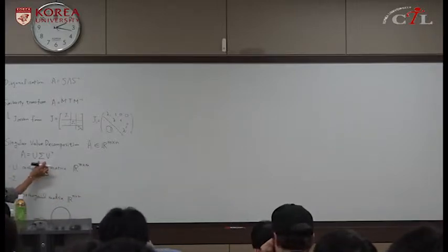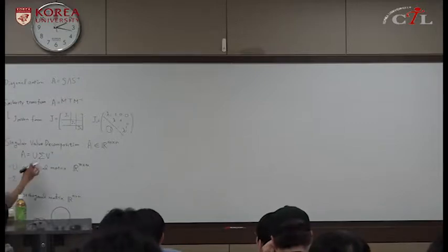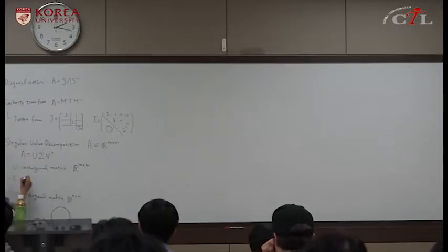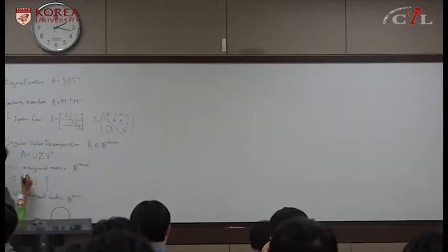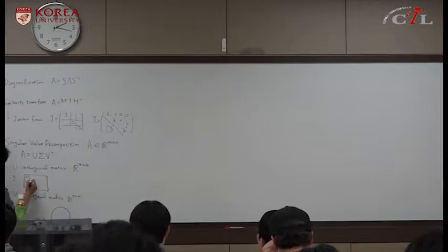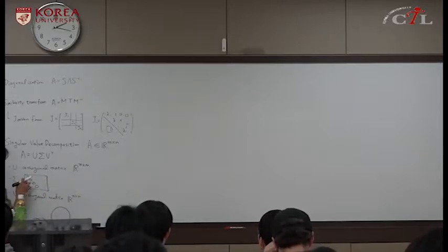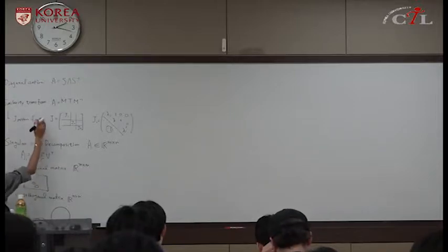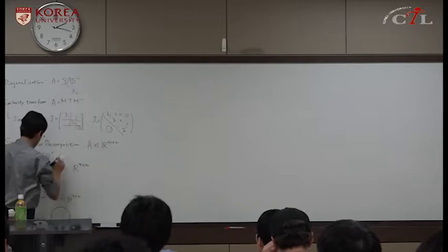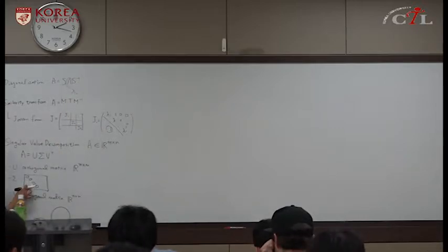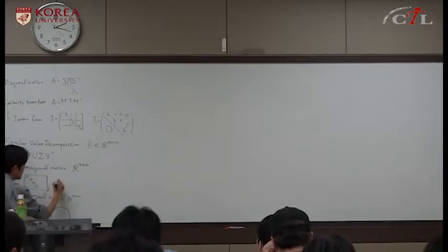U and V are square, and sigma is a rectangular matrix. On the diagonal, because this is rectangular, there is not exactly a diagonal, but right on here, singular values are located. Those are singular values. Here, it was eigenvalues, right? Here, we had eigenvalues on the diagonal, but here, nearby the diagonal, they are singular values. So it's singular value decomposition, and it's m by n.